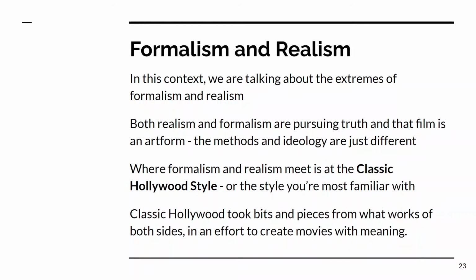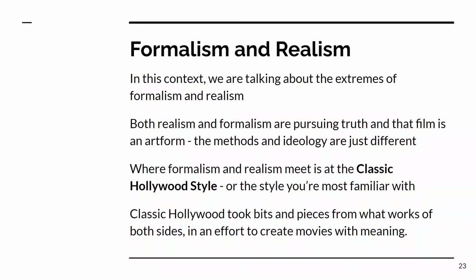So you say, okay, I've watched some films, I've seen a few, I know that there's differences in them, but there's never one that's, well, there's extremes, just like life, there's polar opposites, but there's also the middle ground. So what Hollywood did was it took bits and pieces of both and kind of meshed them together. So we have films that replicate or show a realist approach to filmmaking.